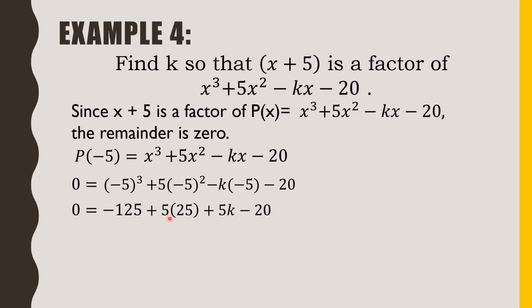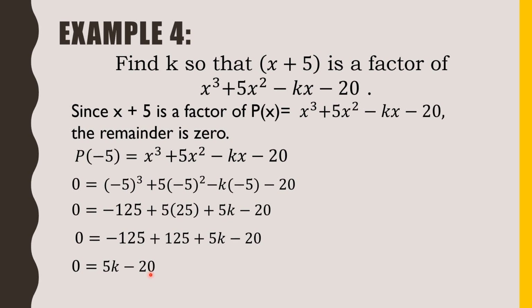Then simplifying 5 times 25, we have 125. So we now have 0 equals negative 125 plus 125 plus 5k minus 20. Negative 125 plus 125 is 0. So we have now the result of 0 equals 5k minus 20.